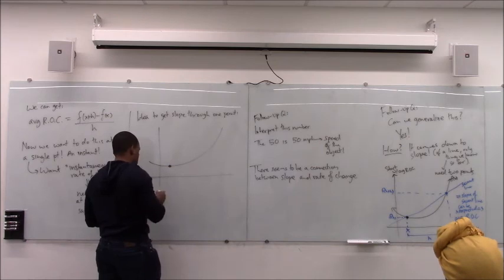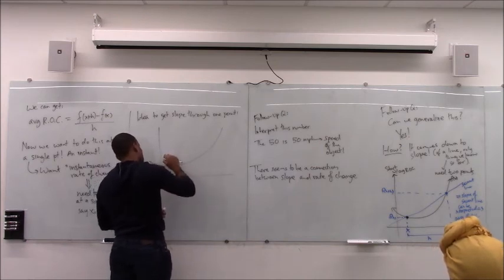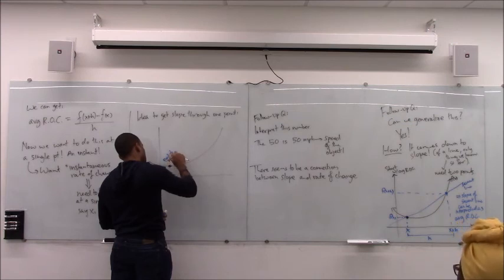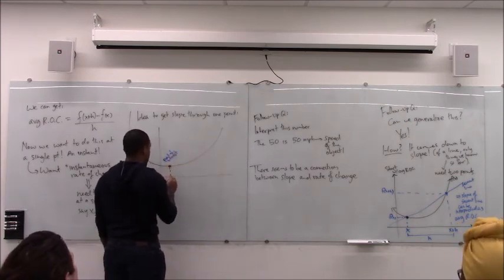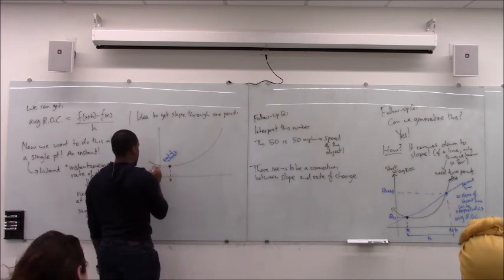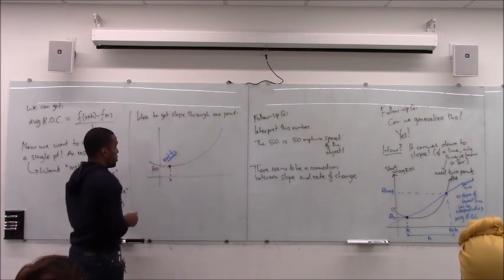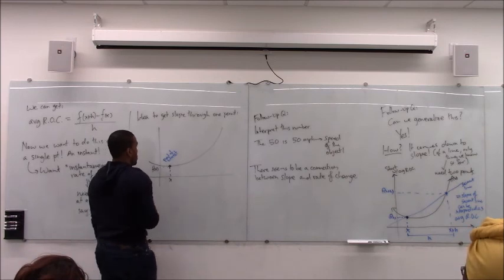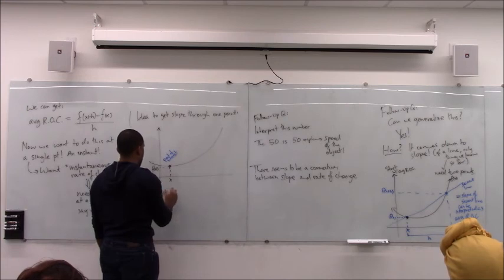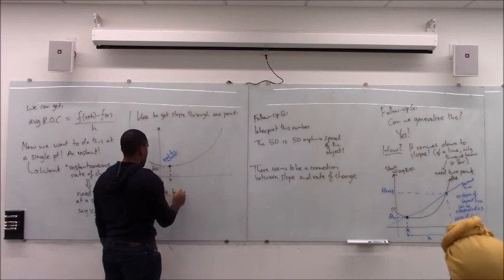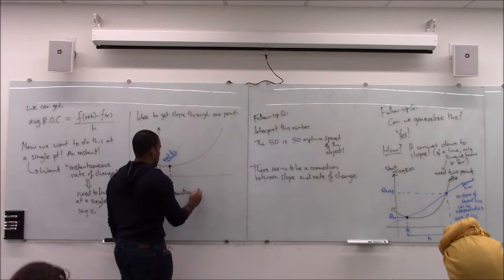So here's our point of interest. So call that x, and of course the output here is f of x. So that's our point of interest, okay? So now the idea is start with another point as well.